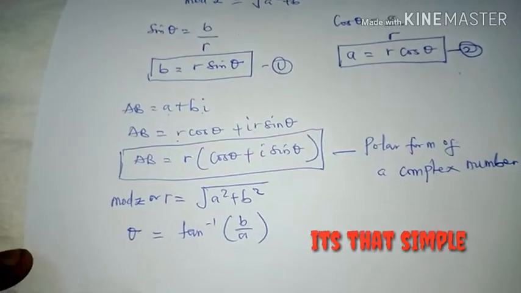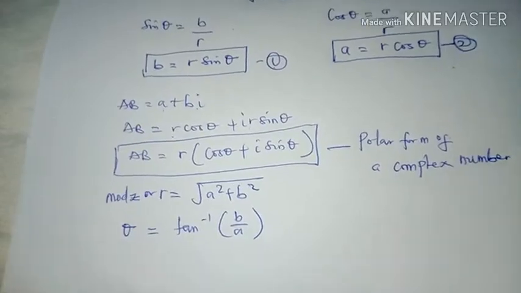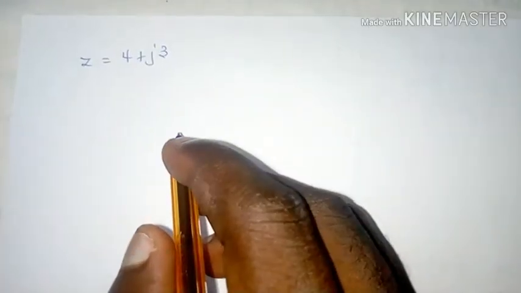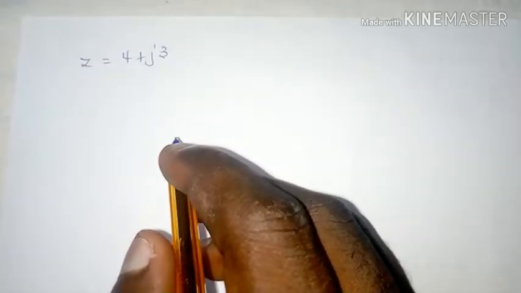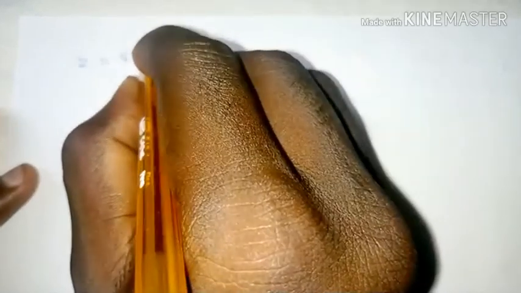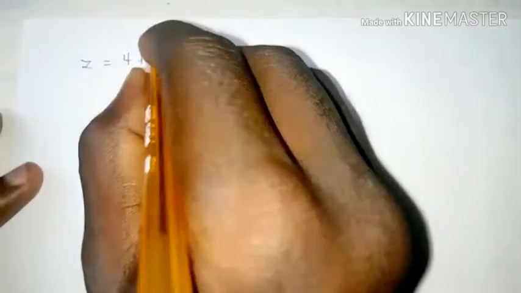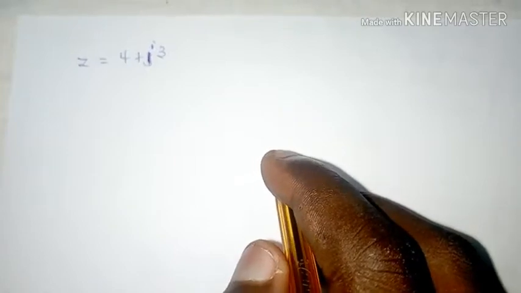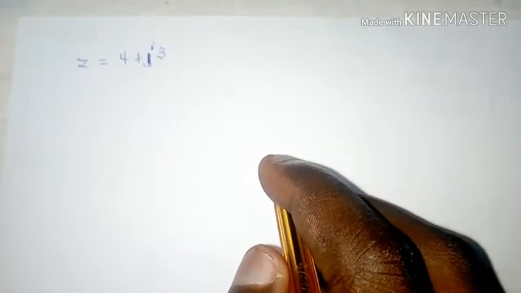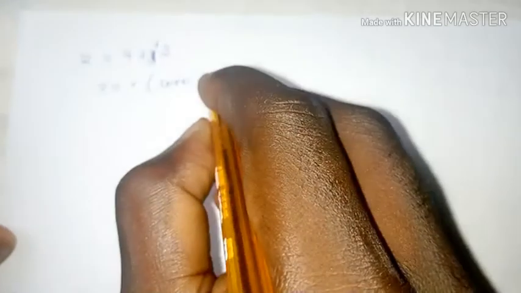Alright, so let's look at an example and see what happens. So an example here, we have z equal to 4 plus j3. Well, let me be consistent here, 4 plus i3. So our duty is to change this into polar form, and we know our polar form should be in the r cos theta plus i sine theta.